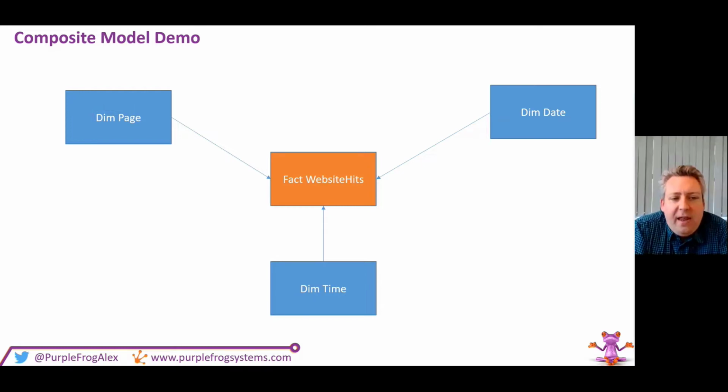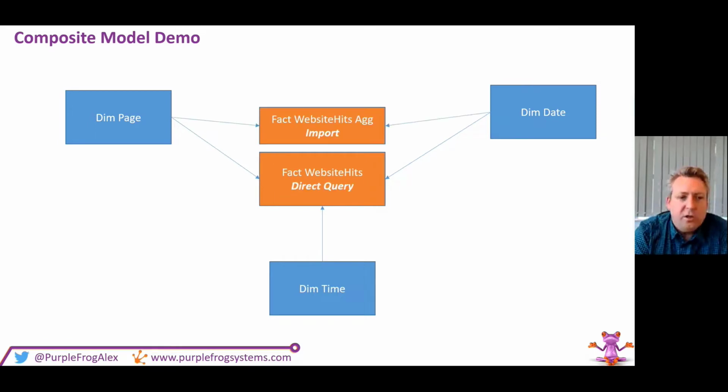So if in our database we create a view over the top of our fact website hits, we could call that our aggregated view. And so we could have our raw table as direct query, and our aggregated table that has no concept of time.